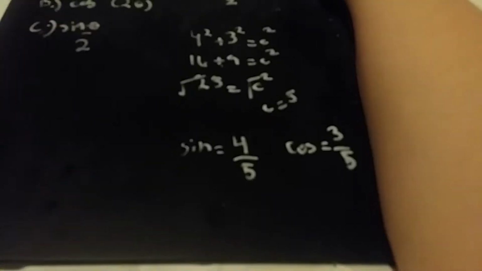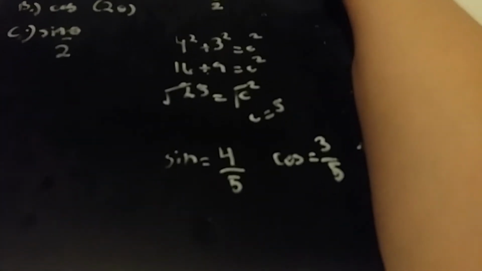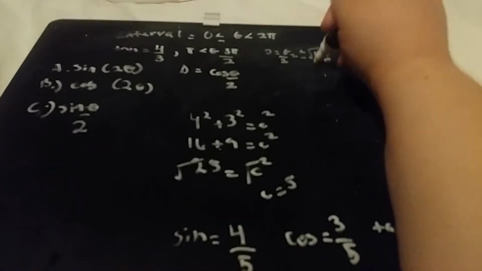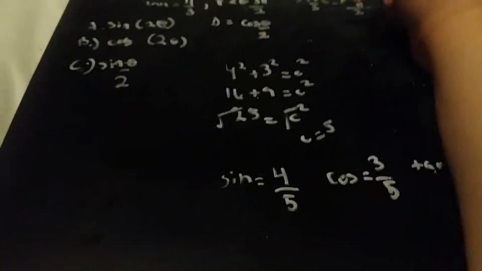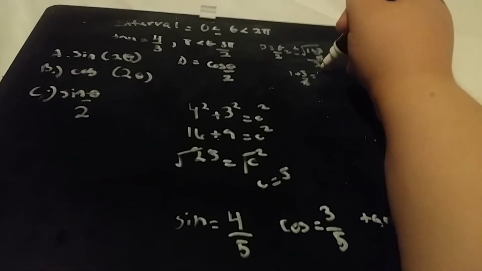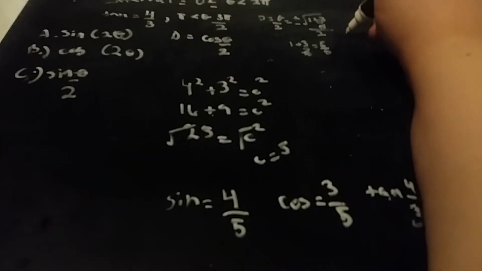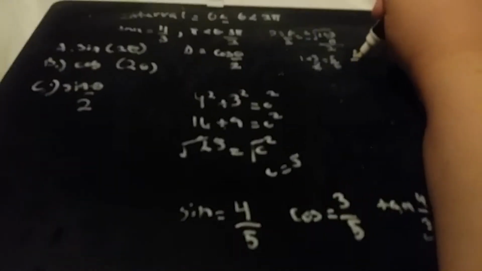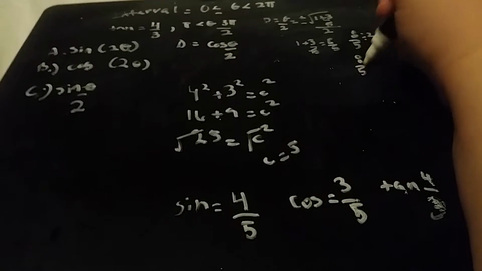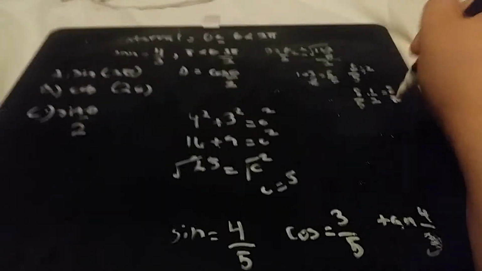So D equals angle over 2 equals plus or minus the square root of (1 plus 3/5) divided by 2. 1 plus 3/5 equals 8 over 5. 8 over 5 divided by 2, times the reciprocal again, times 1/2, equals 8 over 10.